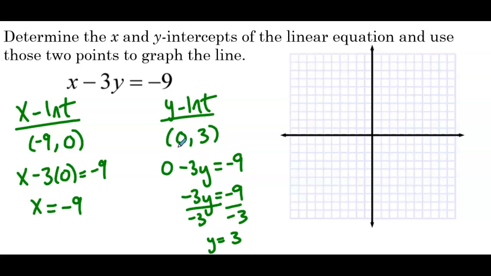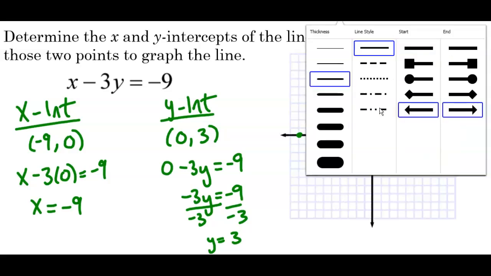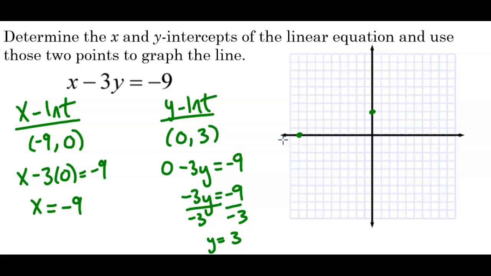So the y-intercept is the point 0, 3. We can plot these 2 points, -9, 0 and 0, 3. To ensure I have a straight line, I'm going to use the line tool here. I would encourage you to use a straight edge if you have one. And there is our graph, and I'll label it x minus 3y equals -9.